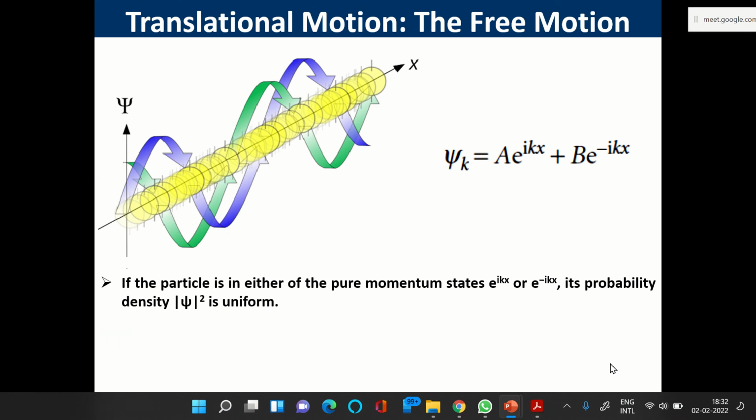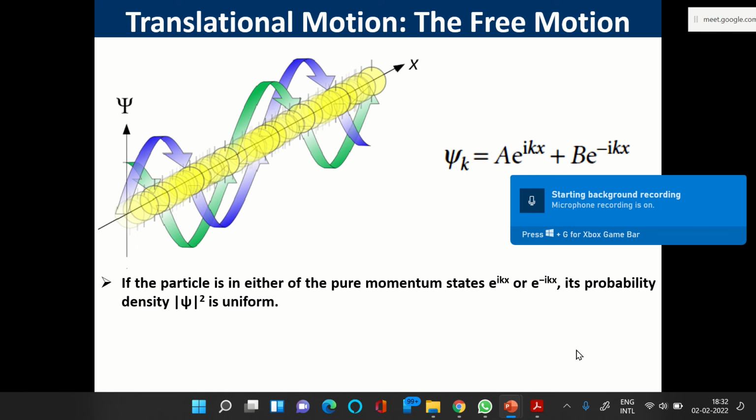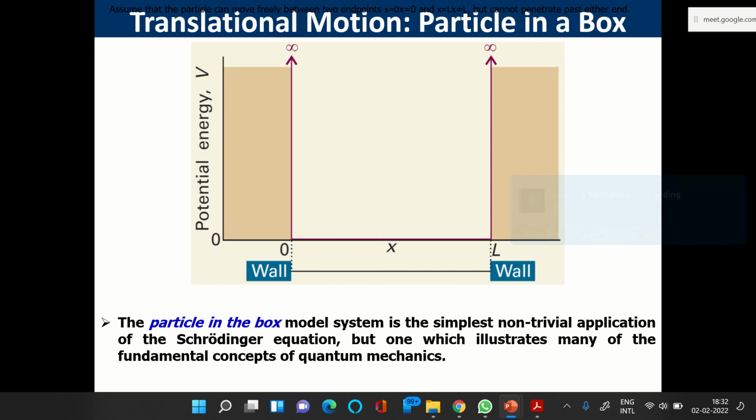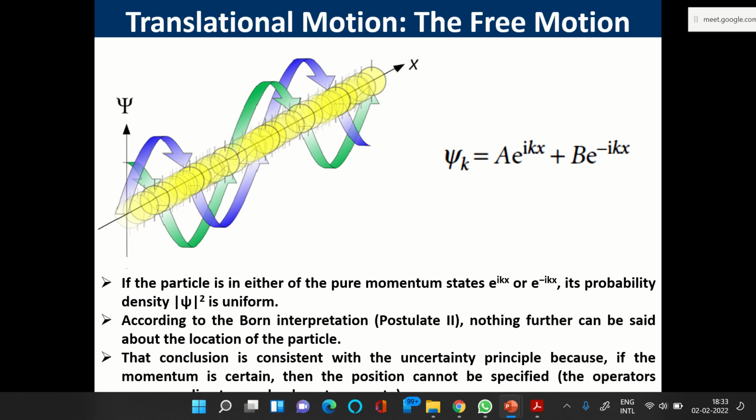So similarly, let's talk about this. We have seen that for free motion of a particle, any value of k is acceptable. k is continuously changing, and we have also learned that energy is not quantized in this case.